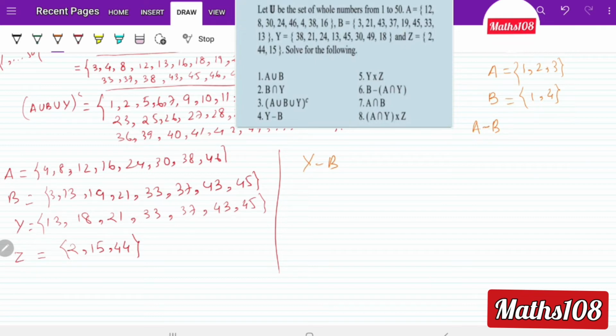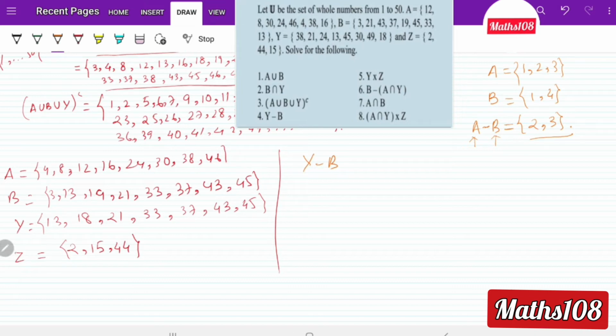A minus B is such that the elements of A excluding the elements of B. So that is the elements 1, 2, 3. If we exclude 1 and 4, 4 is already excluded, so the common term is 1. If we exclude the common term 1 from A, so this is A minus B, that is 2 and 3. If we exclude all of the common terms of A and B, that is A minus B.